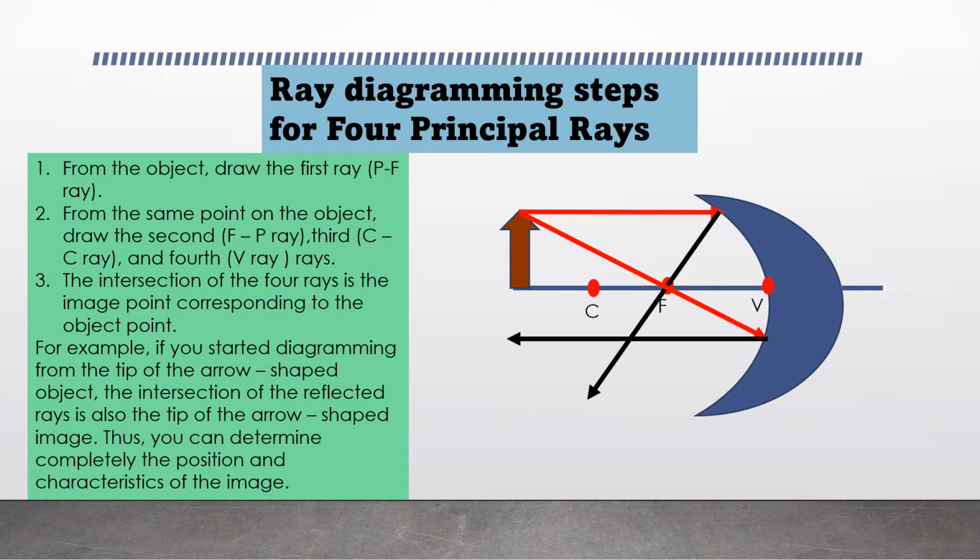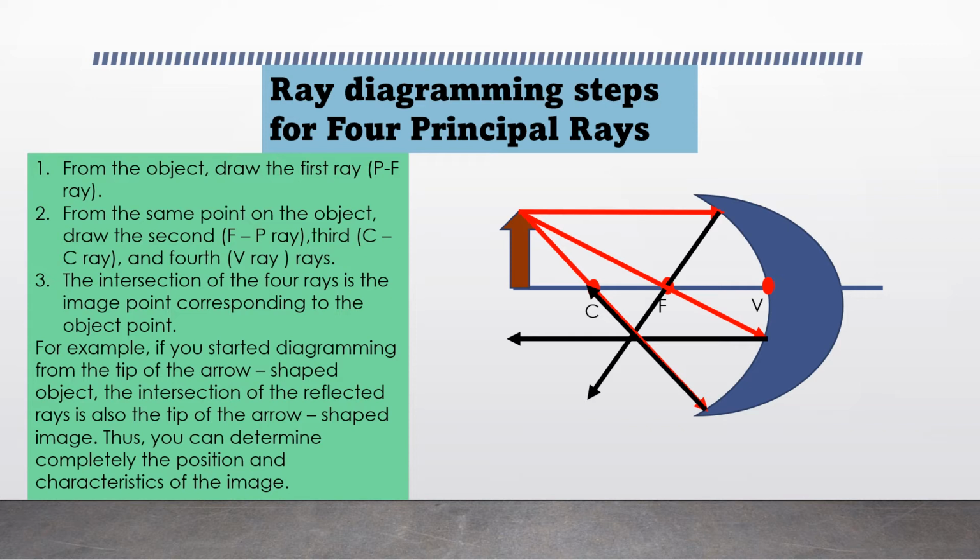Then third, the C to C ray. C to C ray means, again from the same point of the object, at the tip of the object, the incident ray should pass through C and reflect along its own path.